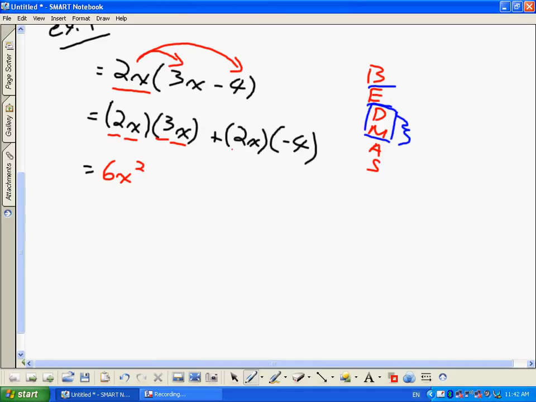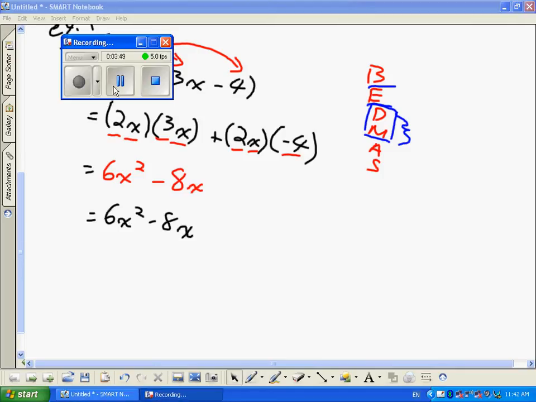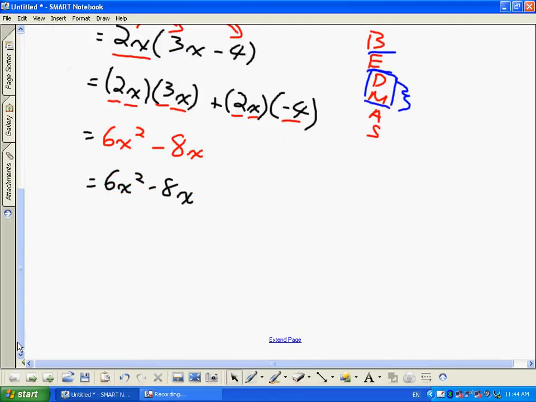And our second term. 2 and negative 4. 2 times negative 4 is negative 8. And I have x times nothing else, so I just leave it as, or you could say it as, x times 1. I leave it as my x. So our final answer, I'm not sure why I did that in red, 6x squared minus 8x. Okay, let's go to our second example.